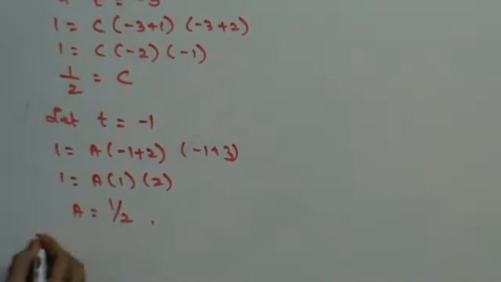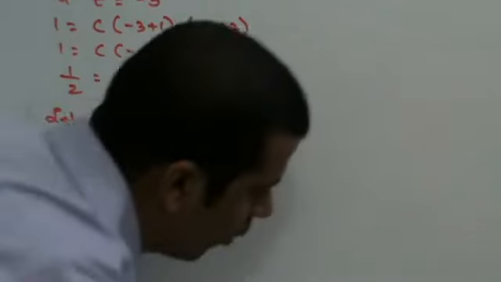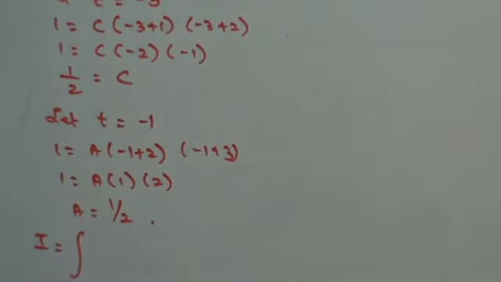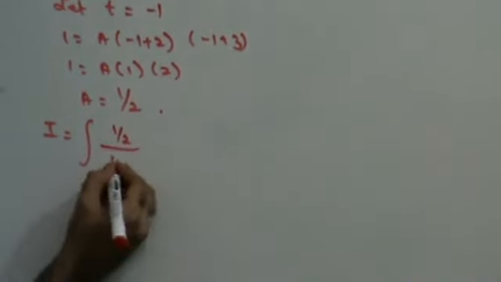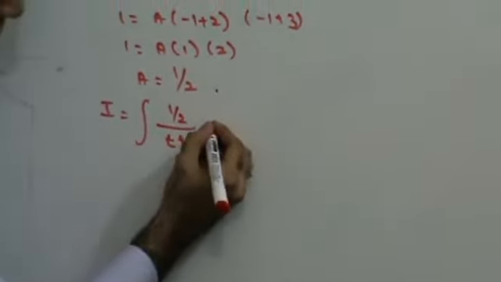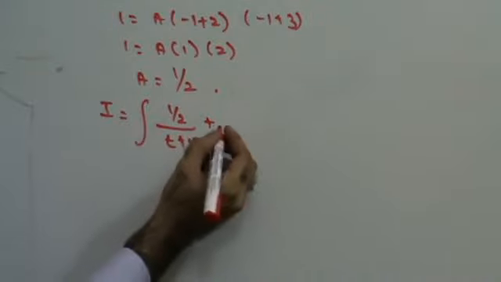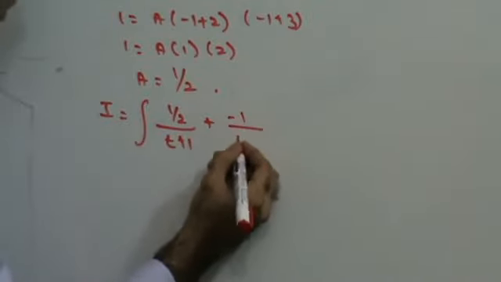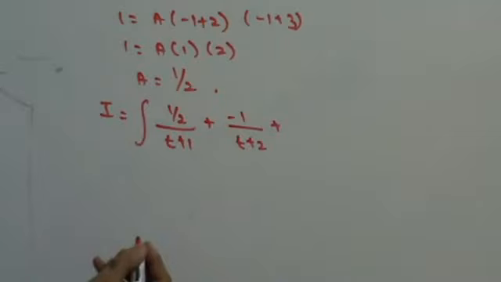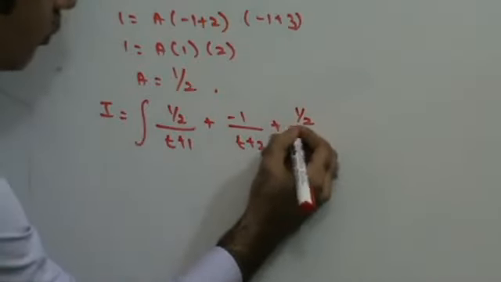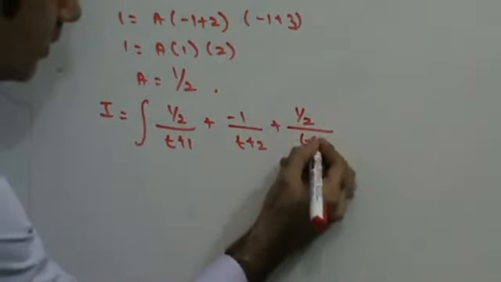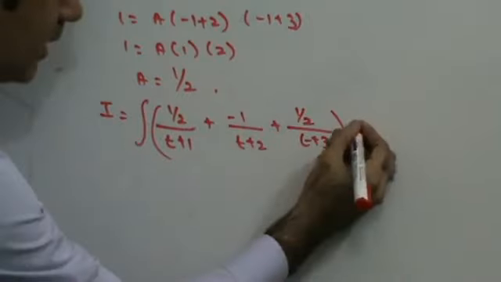Now I can say I is equal to integral of a, which is 1 upon 2, upon t plus 1, plus b, which is minus 1 upon t plus 2, plus c, which is 1 upon 2, upon t plus 3, dt.